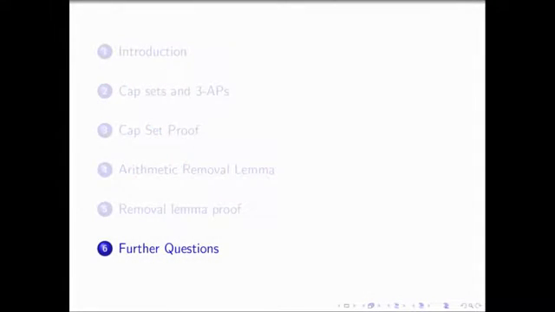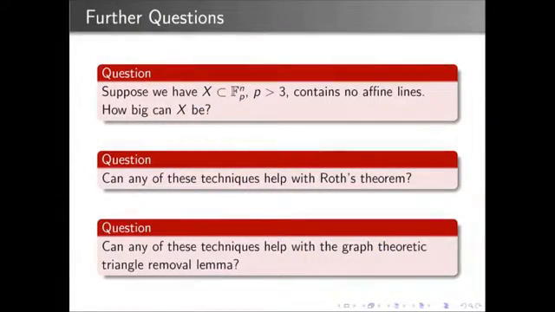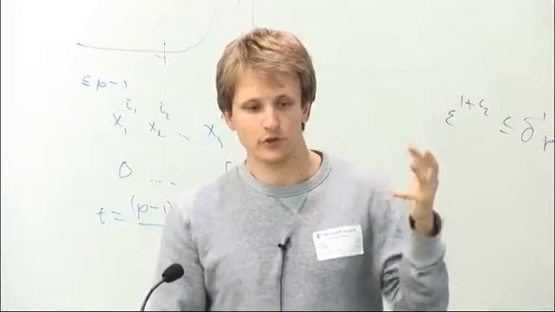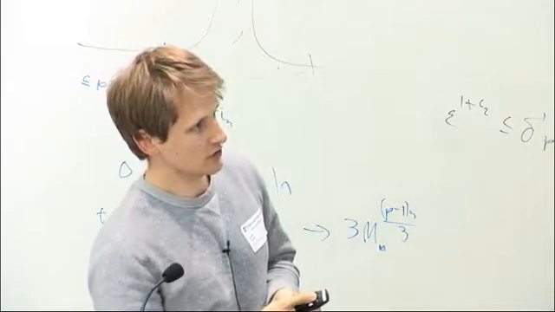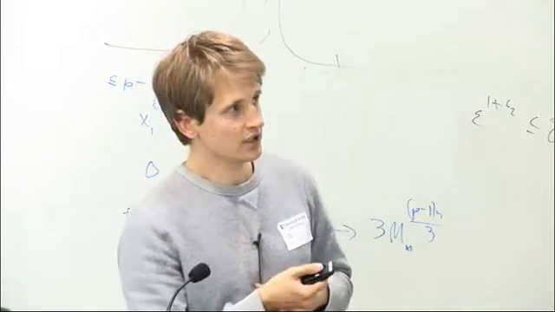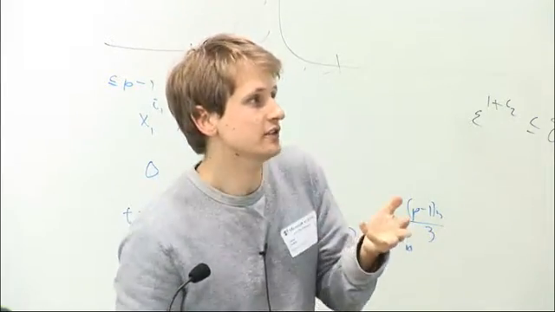Okay, so there are still many further questions in this area, so I'll just list a few. We generalized the Capset problem by saying that 3 points form a 3-term arithmetic progression, but you could also generalize it to p. For F3, this was equivalent to saying that there's no affine line contained in our set.